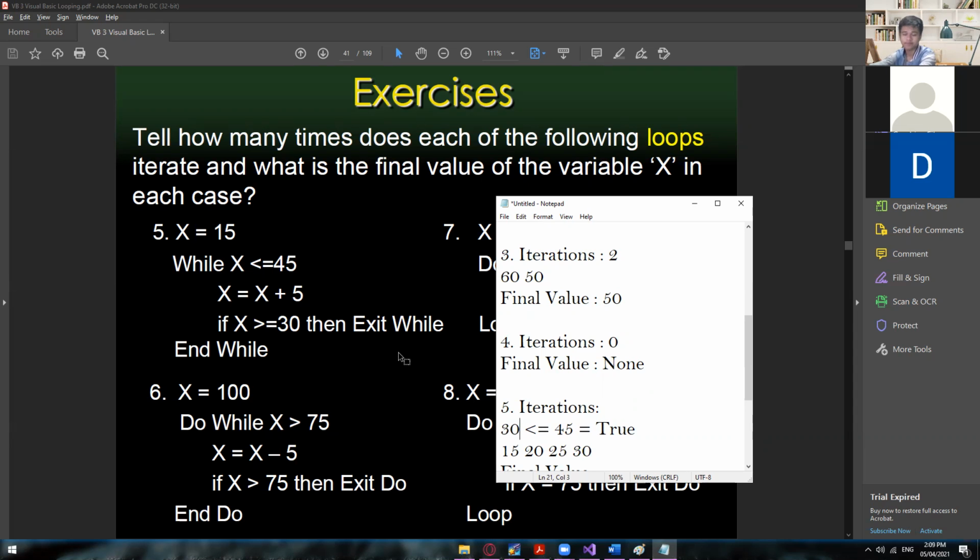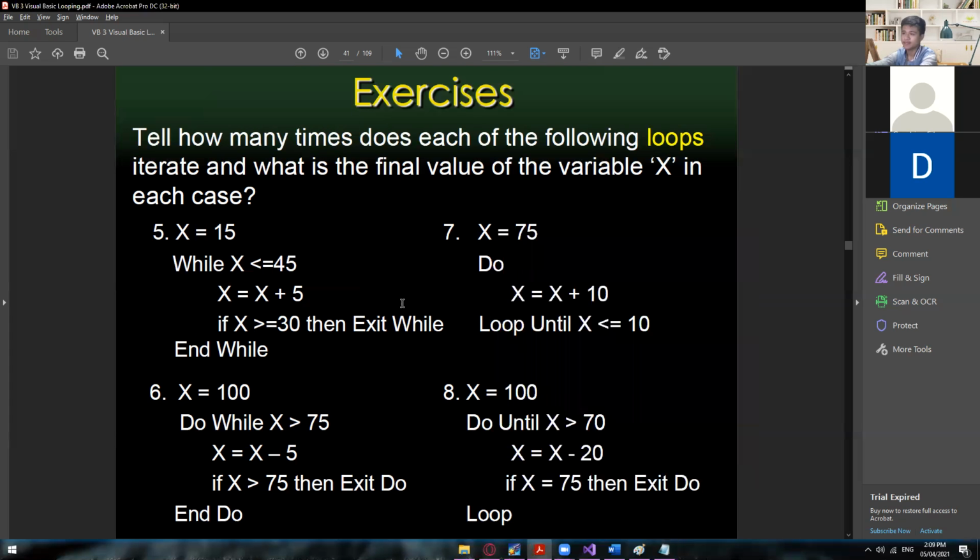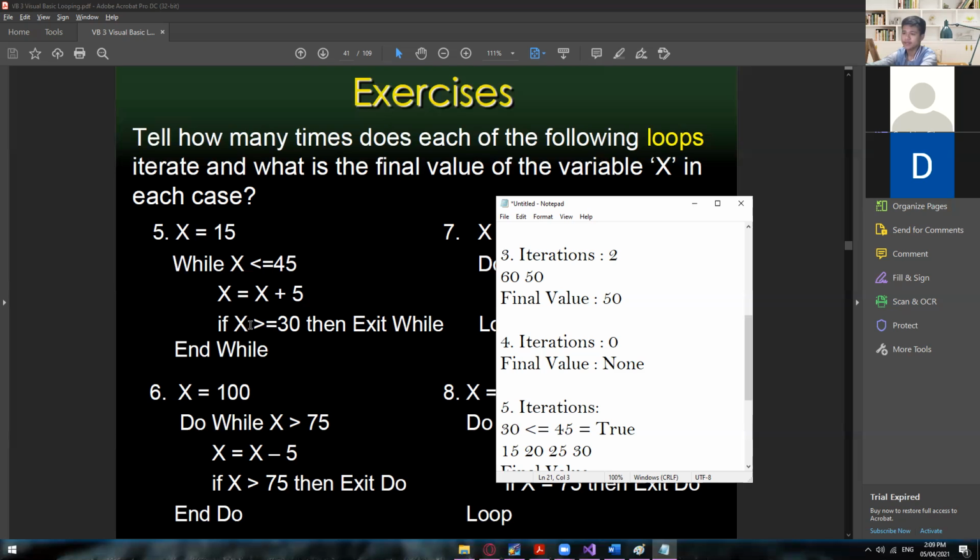However, we have another condition wherein if x is greater than or equal to 30, then exit.